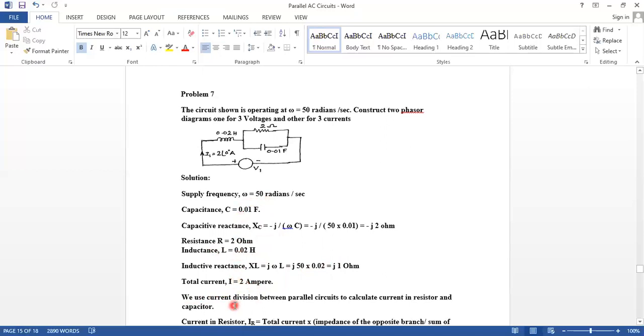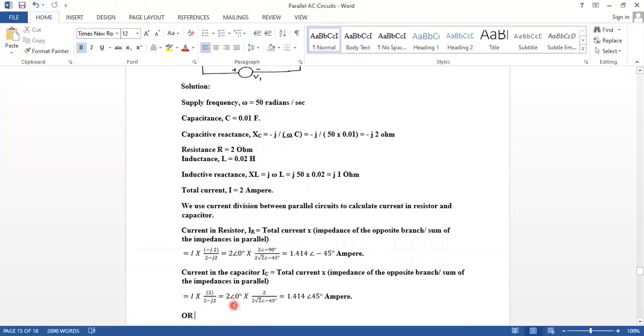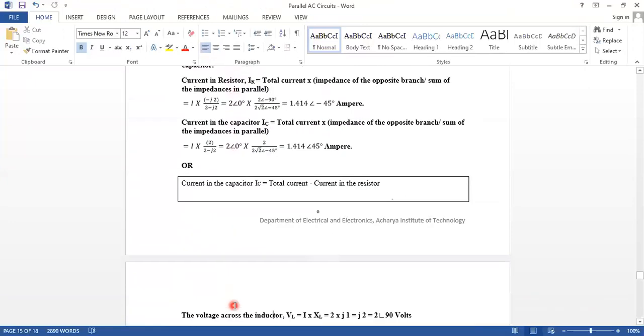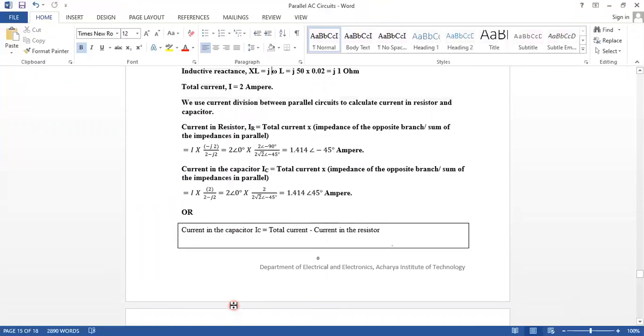So if we use the current division rule between parallel circuits to calculate the current in the resistor and capacitor, the current in the resistor is nothing but total current times the impedance of the opposite branch divided by the sum of the impedances in parallel, right?